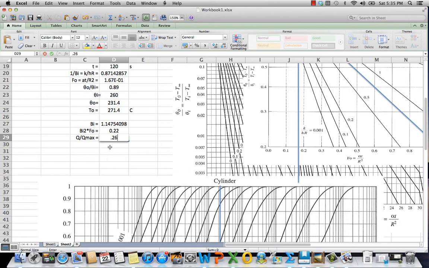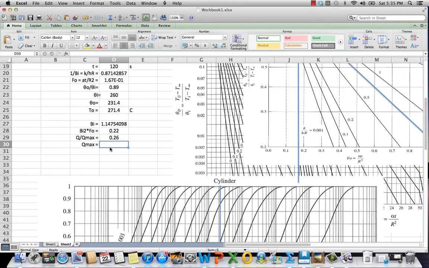Okay, so that's 0.26. And so now I need to calculate Q max. Now, these are the formulas that are not in the data booklet, so you want to write these in. And for every shape, they're a little different. You can get it from the notes, you can get it from the textbook.